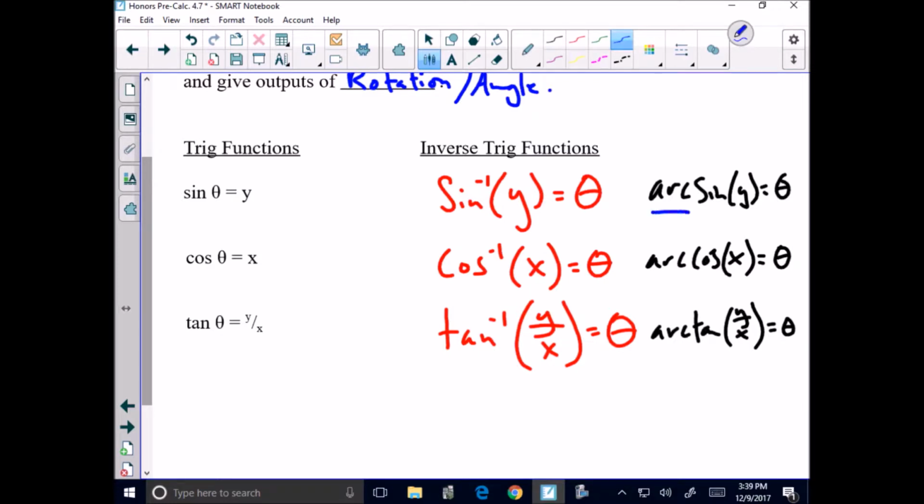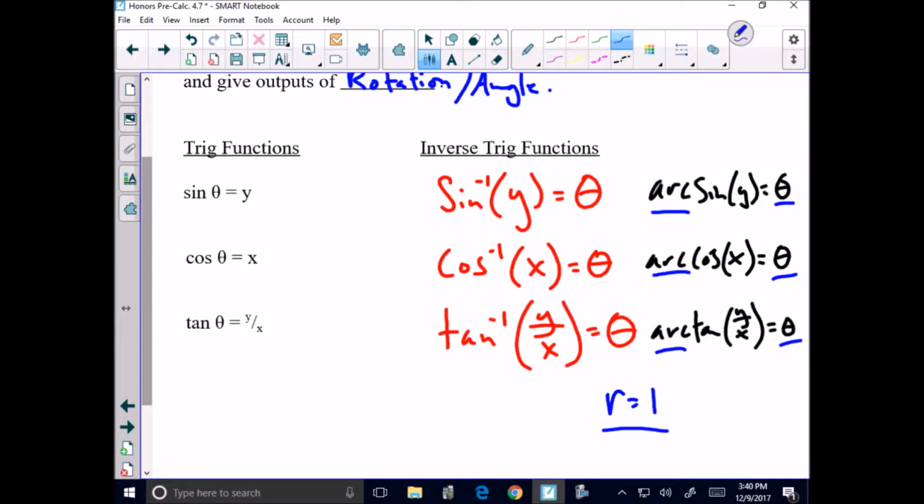The arc comes from the trig functions on the unit circle. On the unit circle, we have a radius of 1, right? If we're evaluating these ratios and getting out rotations in radians, those radian values are actually the length of the arc along the perimeter of the unit circle, since the radius itself is 1, right?